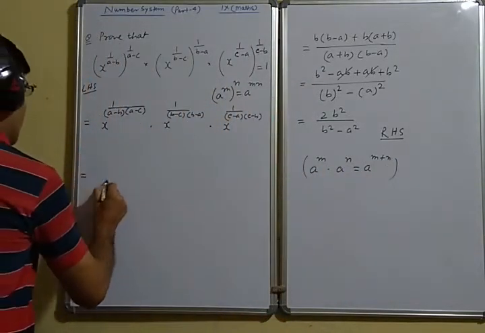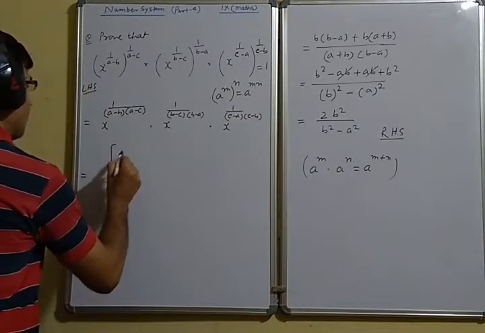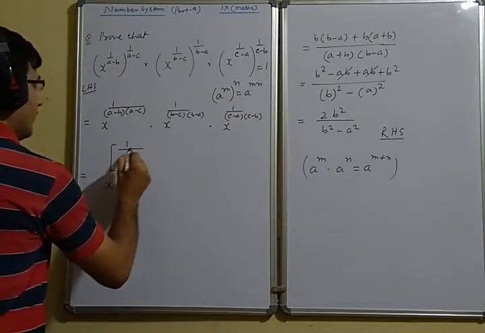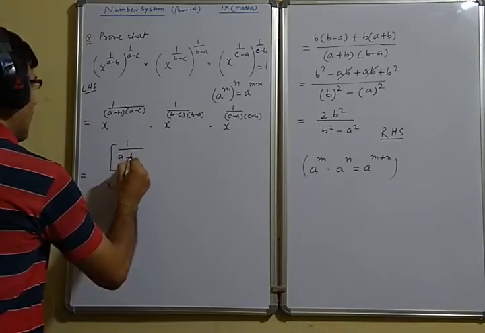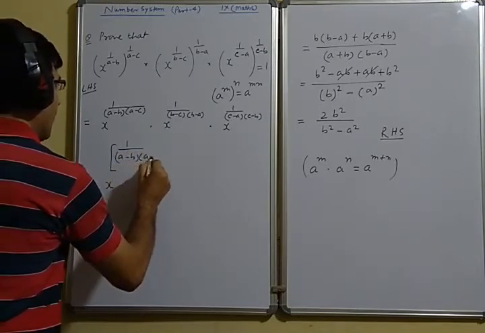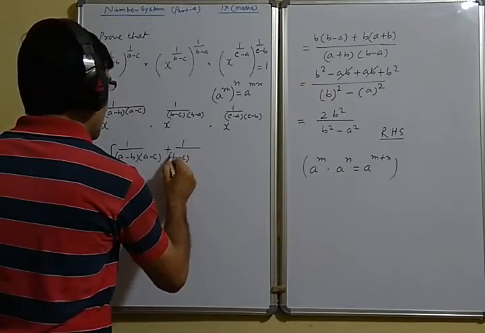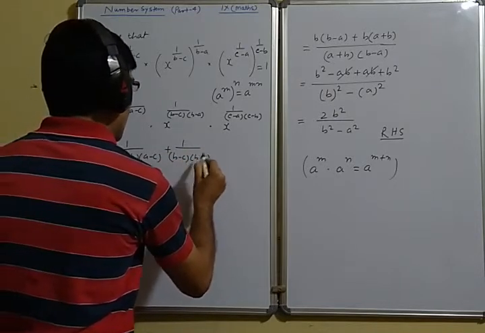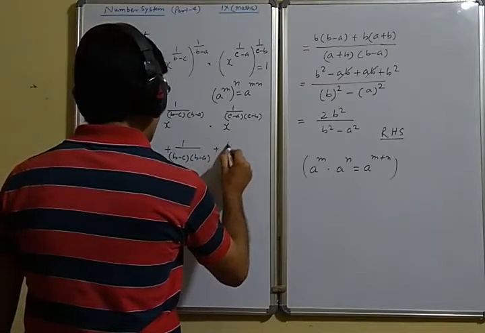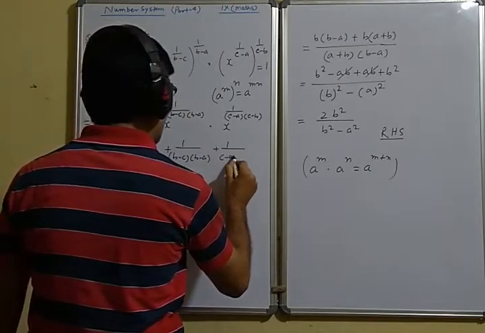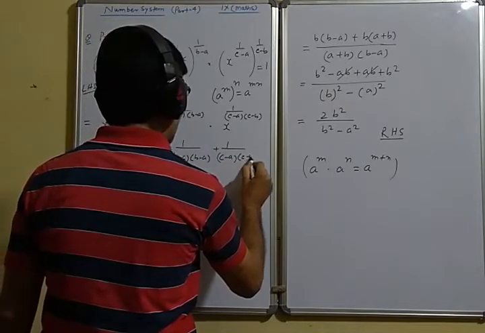So it becomes x raised to power 1 upon a minus b a minus c plus 1 upon b minus c b minus a plus 1 upon c minus a c minus b.